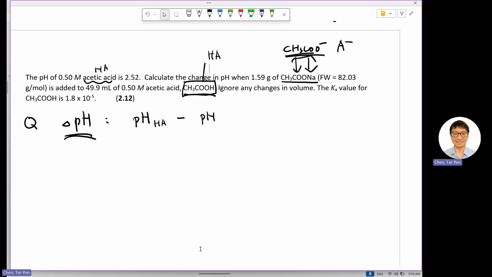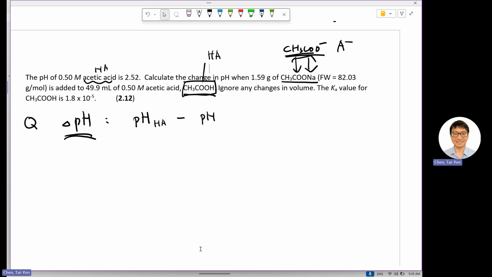Every time you see you're throwing an A minus into an HA, what are you going to get? Buffer. A buffer solution is your second solution, right? Can you calculate the pH of a buffer? Yes, the HH equation. Once you know your buffer pH and your original acetic acid pH, you can calculate your delta pH.